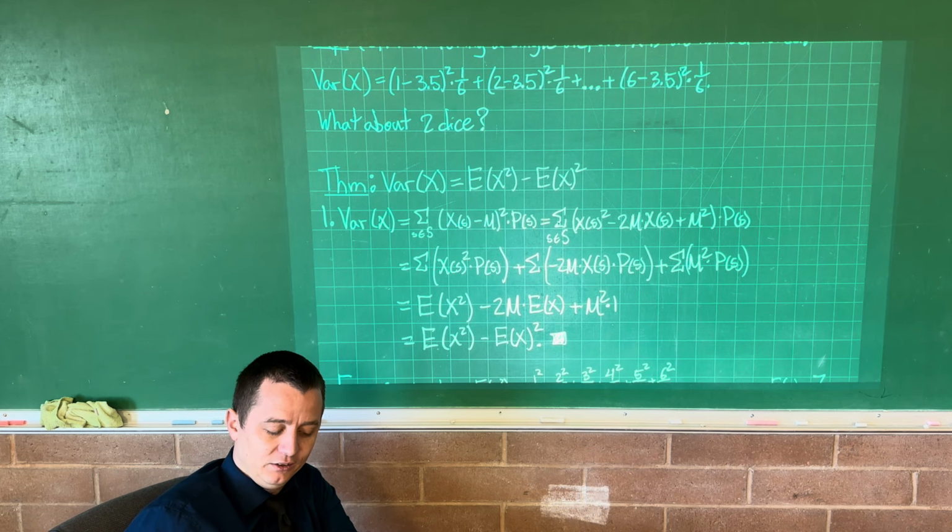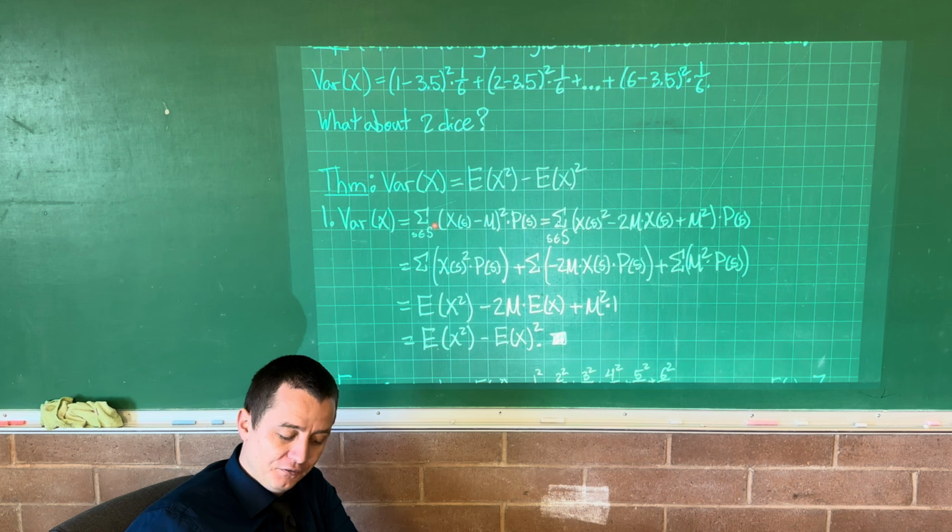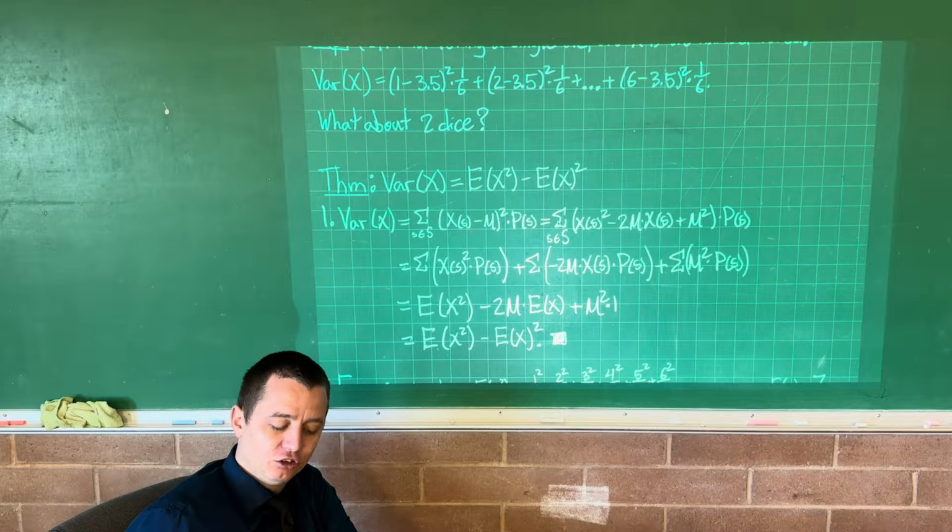Okay, so let's prove it. By definition, what is the variance of x? It's your sum over all little s in big S of x of s minus mu, squared, times probability of s. Now I'm going to square out this term. What's x of s times x of s? x of s squared.